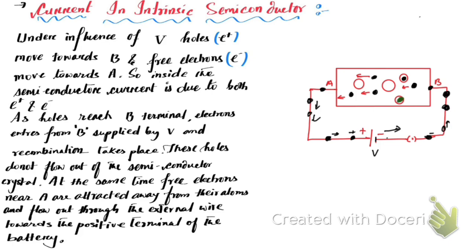This one will recombine with this hole, then go to this hole, and the next electron coming out from here will recombine with this hole, and like this it will continue. So hope you have understood how electric current flows through a semiconductor. Take a screenshot or pause the video and note these things.